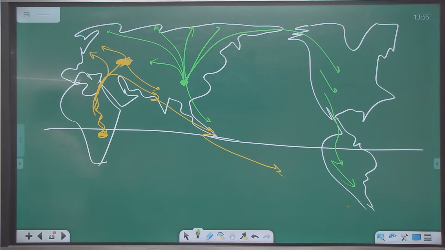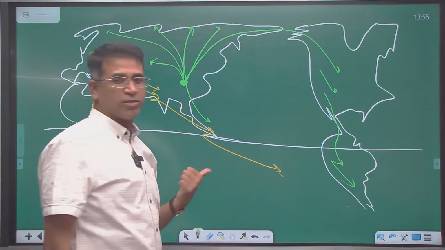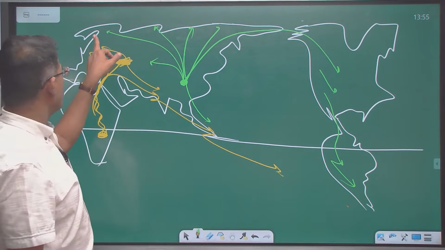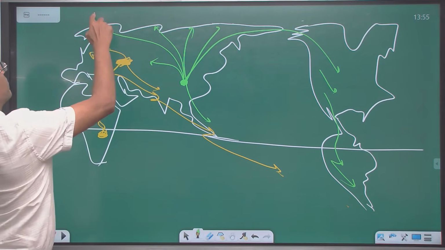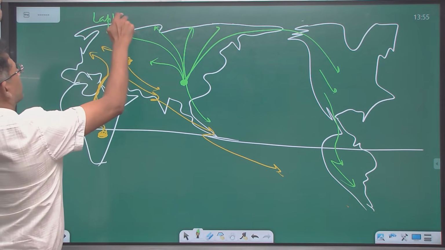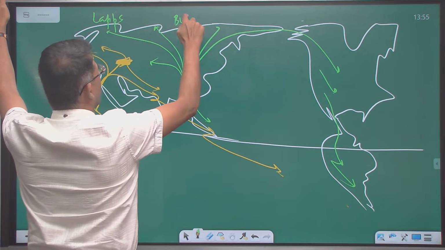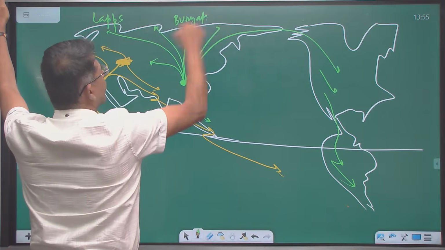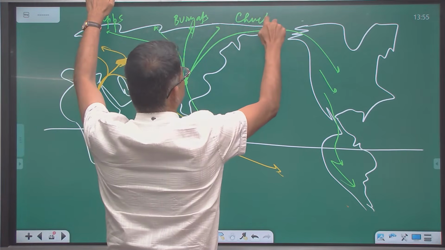If you look at the original populations of the Americas, which we call Native Americans or Red Indians, they actually are Mongoloid races. If you look at the people of the Arctic region, say in Norway, we have people called Lapps, Lapland. We have people called Buryats on the Siberian coast. We have people called Chukchis.